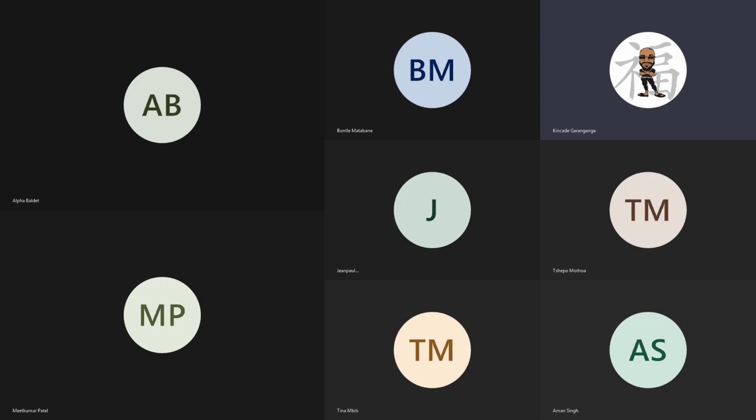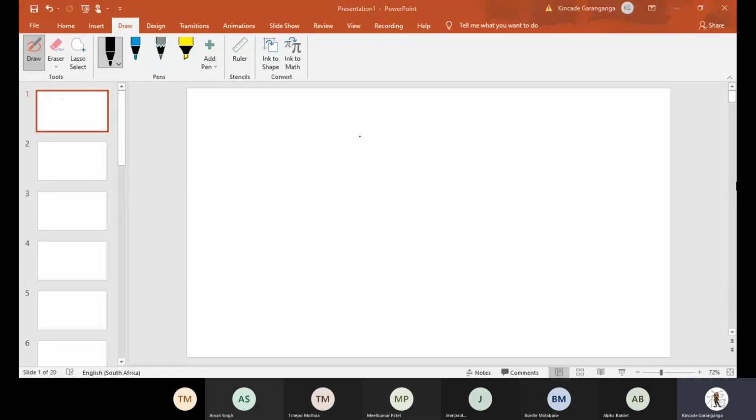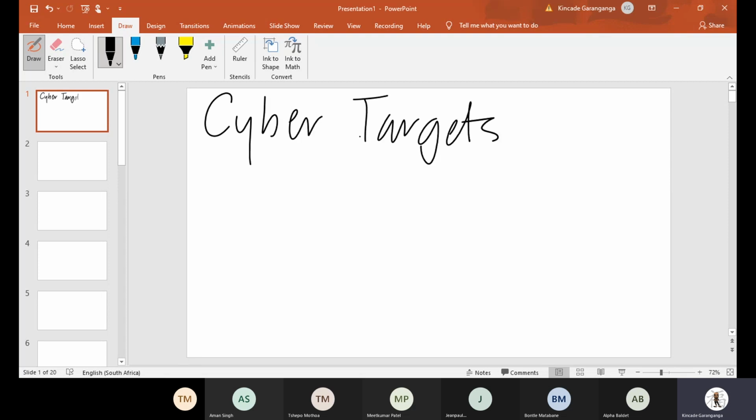So first and foremost, what you want to take into consideration is the different targets that are there. So let's look at listing these cyber targets. Typical examples of the cyber targets that you'll find would include individuals, naturally.